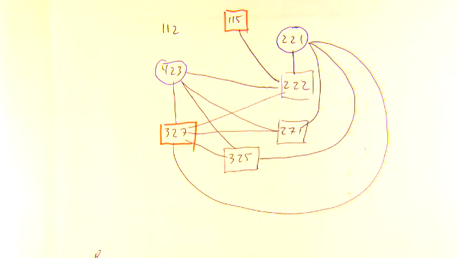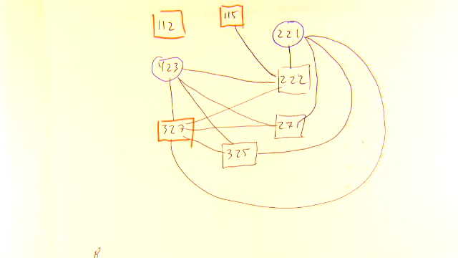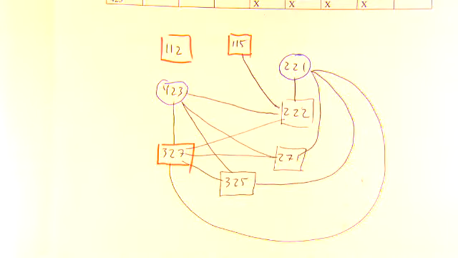What the heck? So if you look at the three colors that we have, all the classes that are red don't share students. All the classes that are blue don't share any students, and all the classes that are black don't share any students.